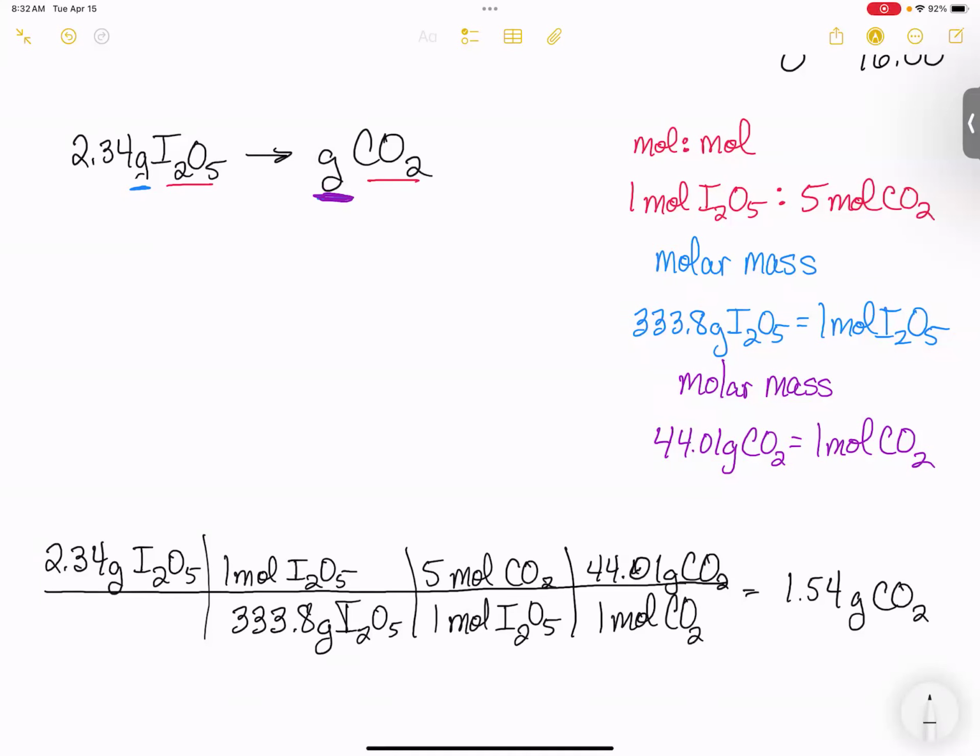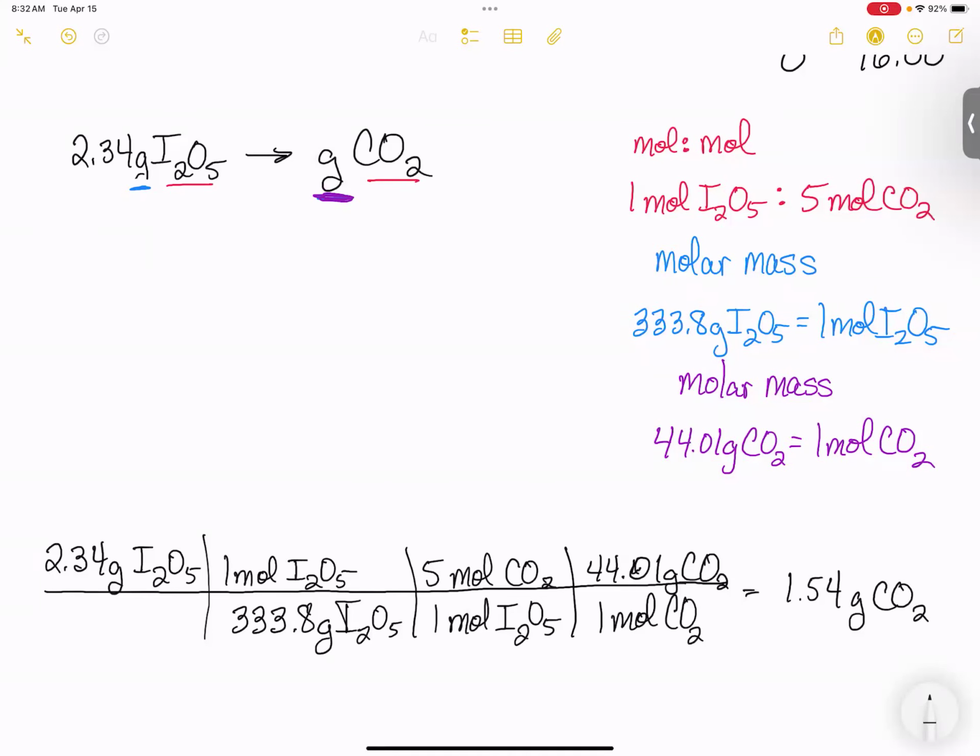The next conversion factor I needed was going to have moles of I2O5 in it, but it had to be a new conversion factor. So that left the mole-to-mole ratio. And the mole-to-mole ratio, I put the 1 mole of I2O5 in the denominator and the 5 moles of CO2 in the numerator. We placed the mole of I2O5 in the denominator so that the unit and the substance would cancel, and we were left with moles of CO2.